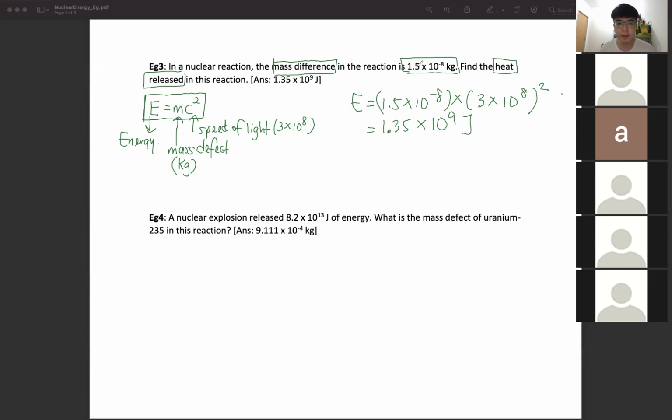You see the mass defect is a very small mass, 1.5 times 10 to the minus 8, almost nano kg. So small is the mass defect, but you get so large an energy. That is the advantage of nuclear reaction. That's why people use it to make nuclear bombs, because you get huge energy coming out.